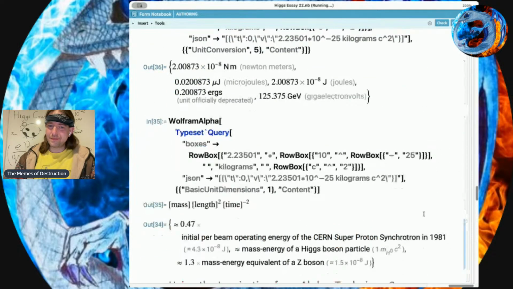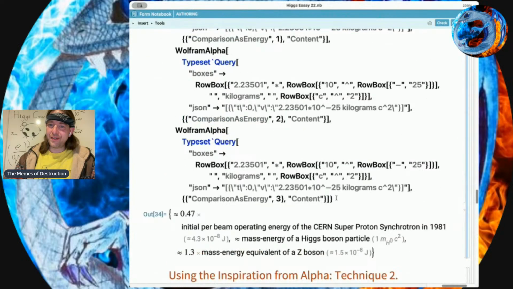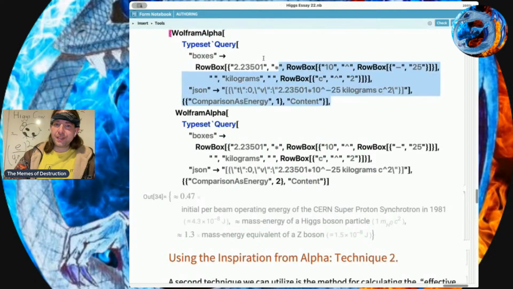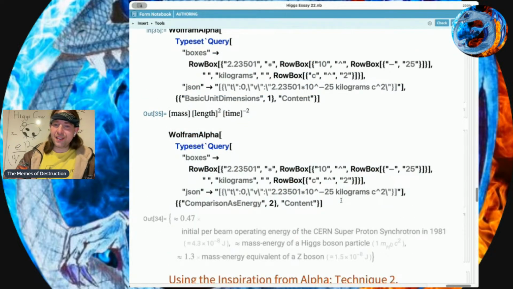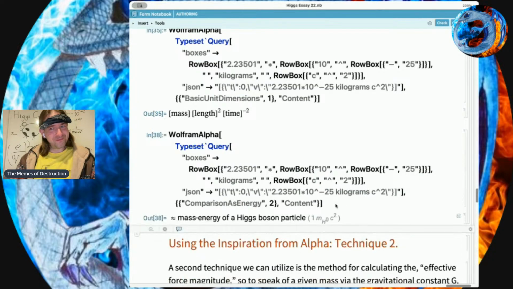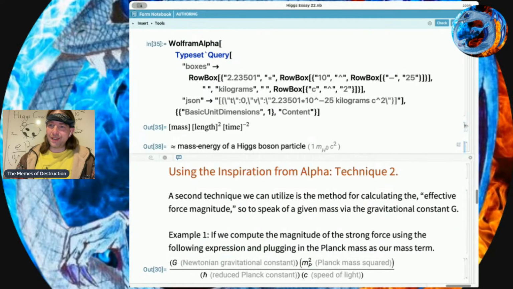All right, want our second term there. That we want the stern. All right, boom, boom. Delete that over there. All right, output. Oh, sorry, like too much. All right, approximate mass energy of the Higgs. All right, so we're at least in the ballpark.